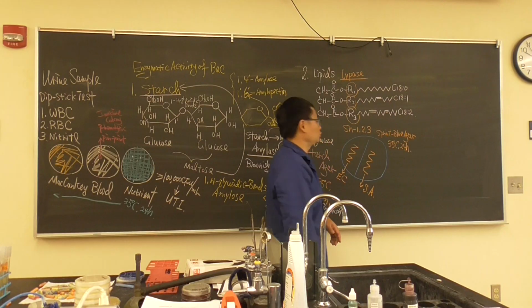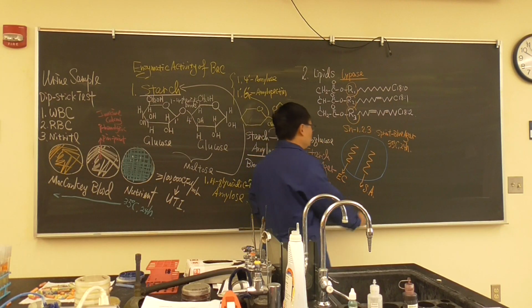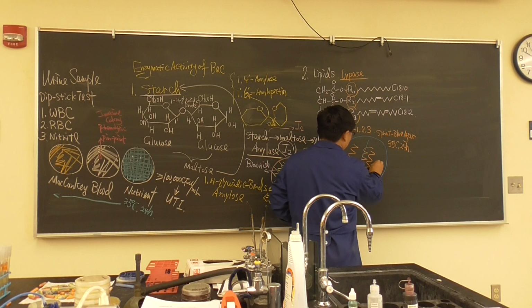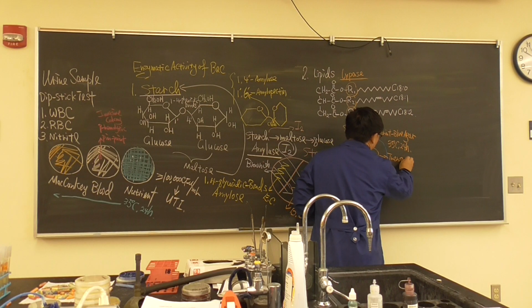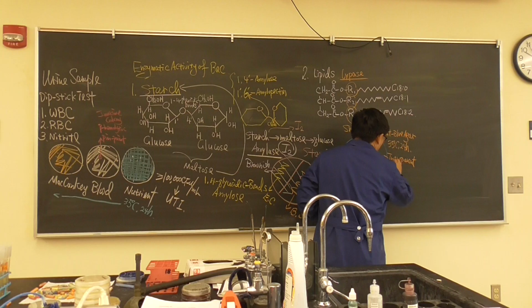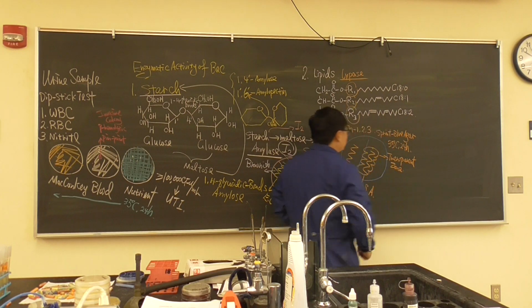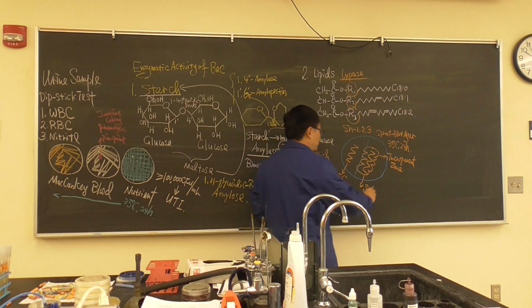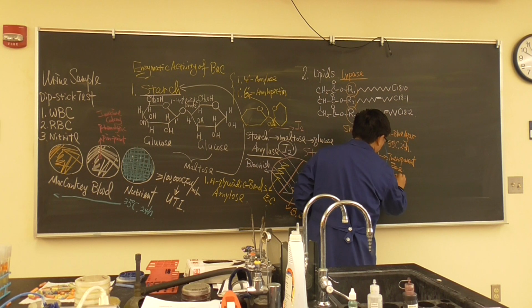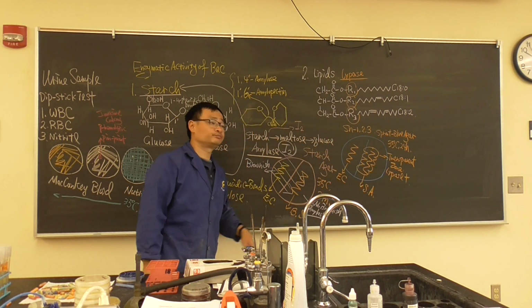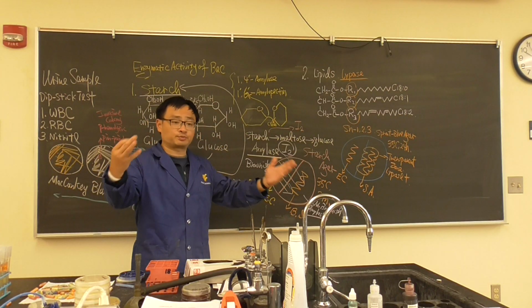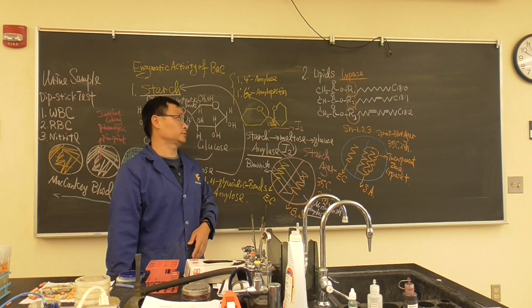It's easy, you don't need to do anything. You will see most likely a transparent zone. That means lipase test positive. It's very simple. Because we used it, we broke it down, it shows transparent.